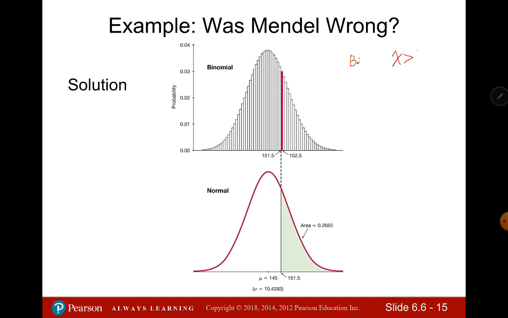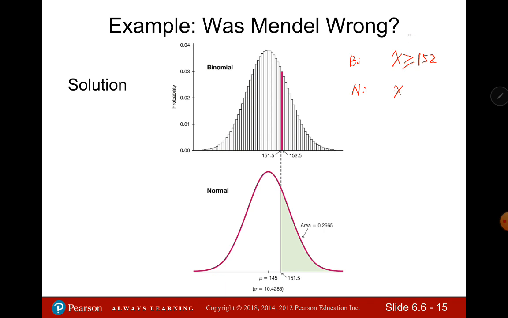X should be greater than or equal to 152. But after the continuity correction to normal distribution, we should switch the value to what?